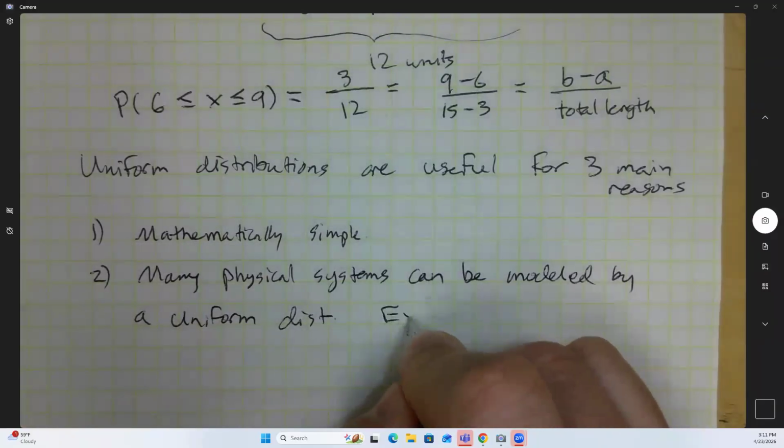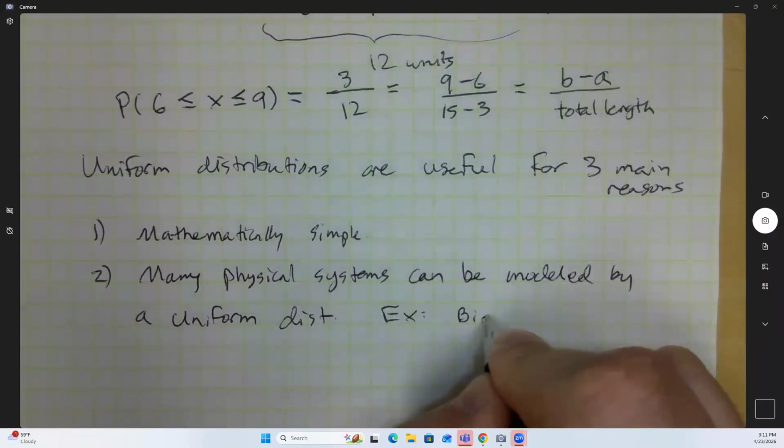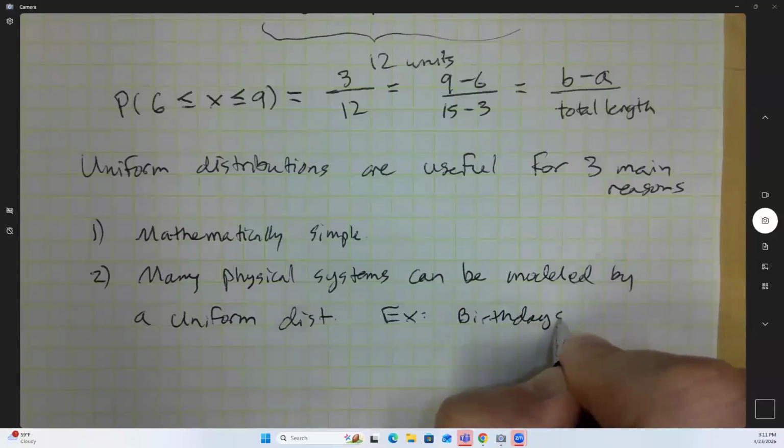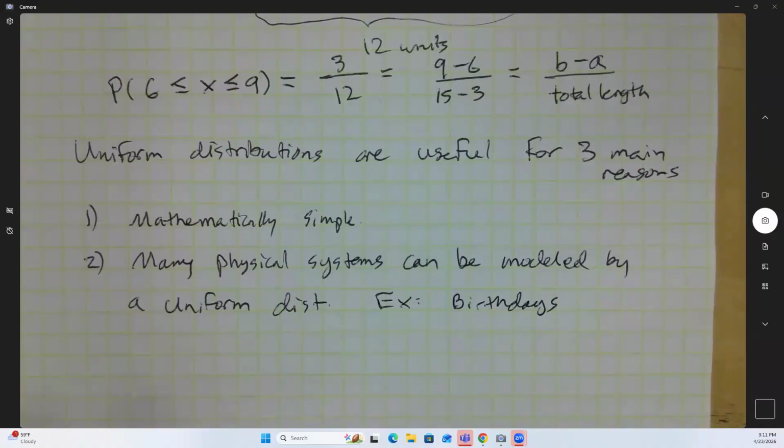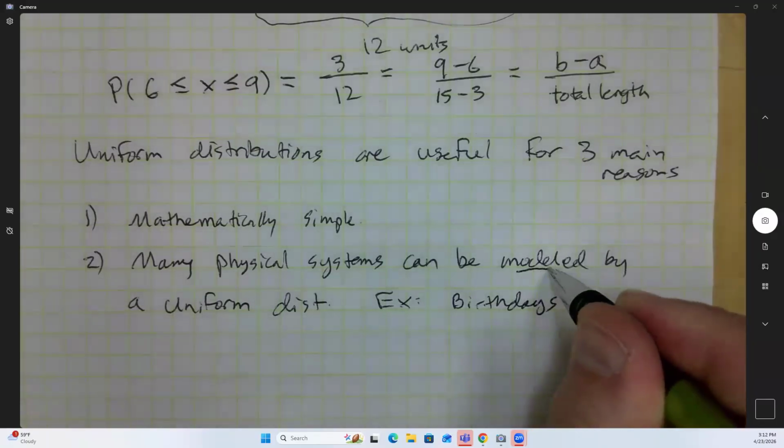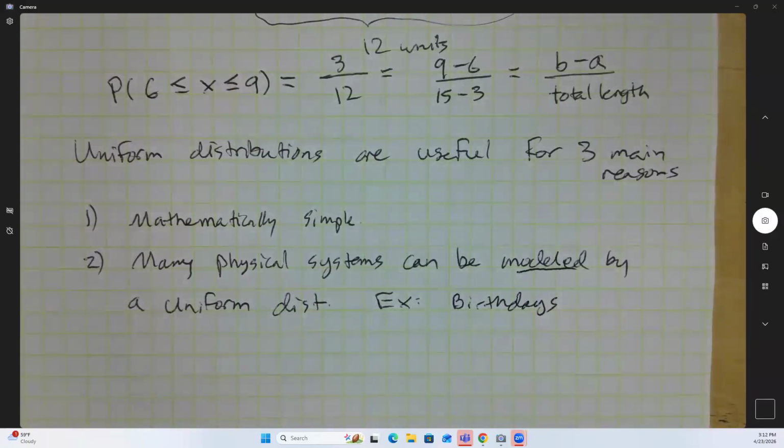For example, birthdays. There are 365 or 366 birthdays in a year, which is not uniform. That's discrete. Those are specific days. But it's so close to uniform. Let's just treat it that way. The whole point is a model is never perfect, but it makes it easier to investigate.